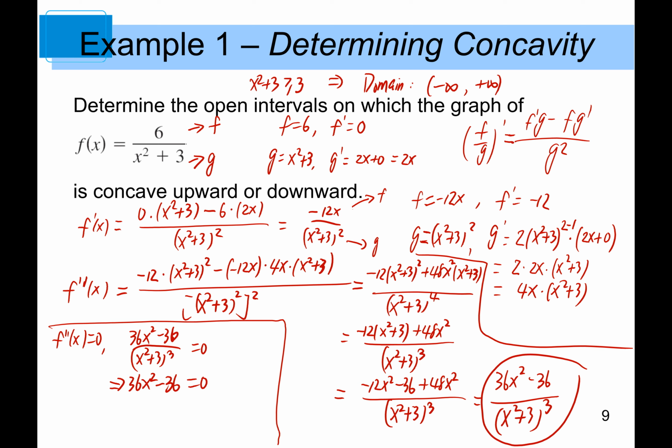Then we solve for x. Factor out 36, x squared minus 1 equals 0. Setting x squared minus 1 equals 0, then x equals plus or minus 1. Okay, so now we find the possible values to test for concavity.